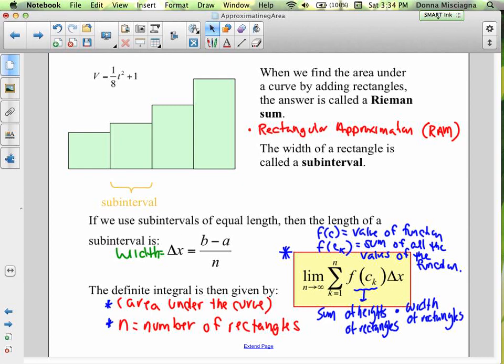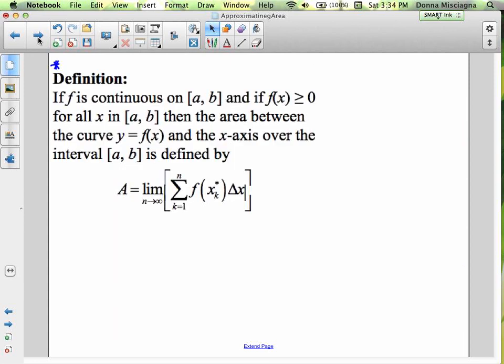So, more on just an introduction to Riemann sums. If f is continuous on [a, b], and if the value of our function is greater than 0 for all x in [a, b], so that means you have no negative numbers, you're above the x-axis for that interval, then the area between the curve y equals f of x and the x-axis over an interval [a, b] is defined by the limit.